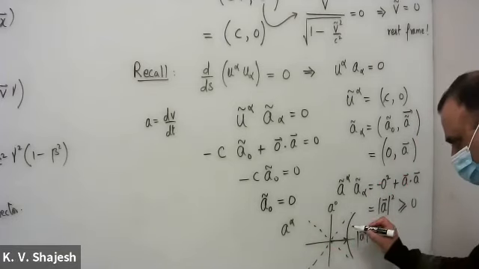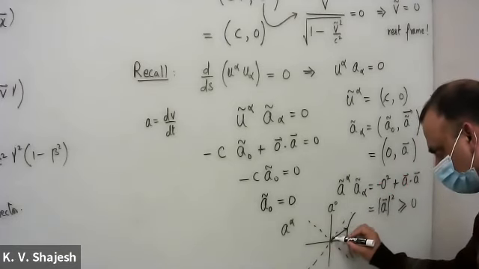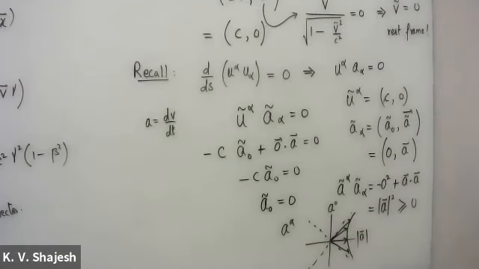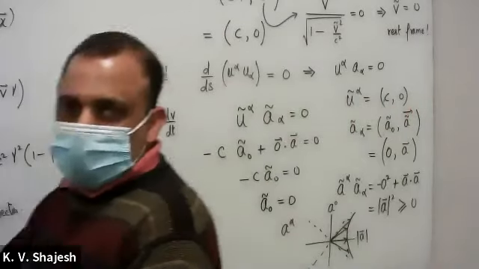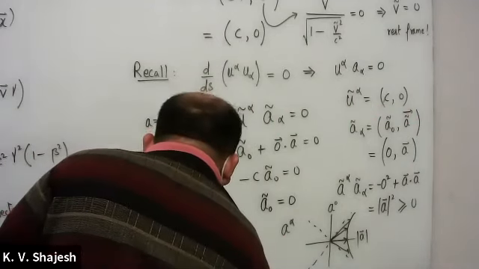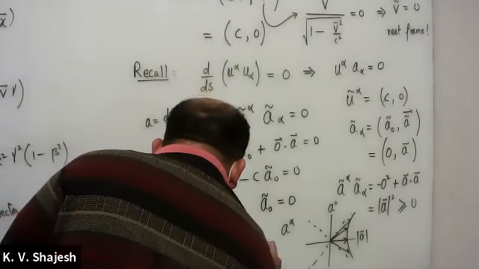And if I move my frame, I can go anywhere on this. I can be here, I can be here, anywhere. But it's the same acceleration vector we are talking about, as measured in different frames. So what I've concluded is that A alpha is space-like.